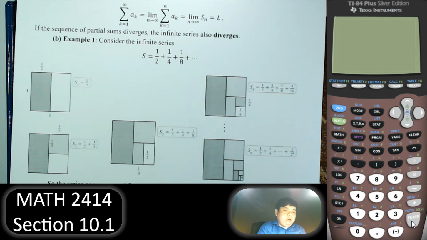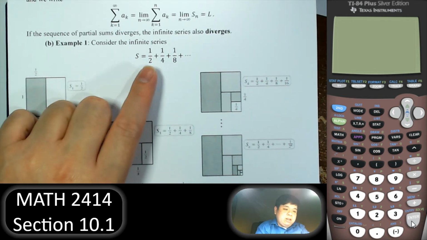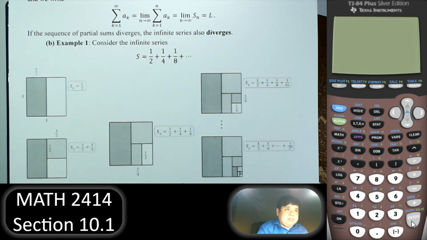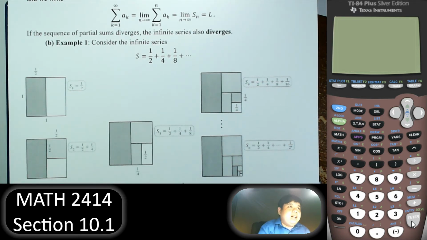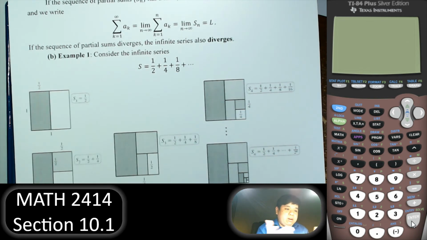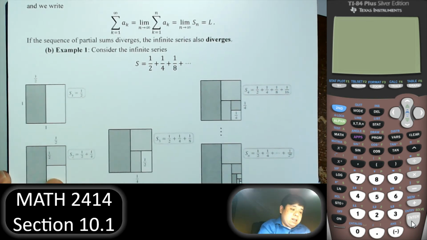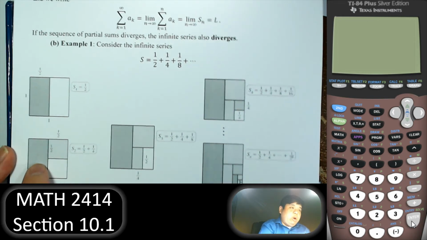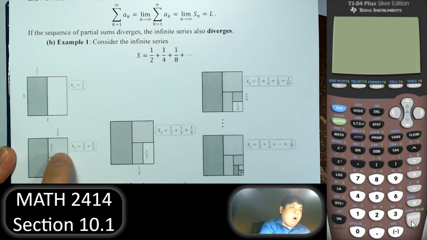Let's look at this example. Consider this infinite series: 1/2 plus 1/4 plus 1/8. We have a sketch here. Originally we have 1/2, half of a square. Next, 1/2 plus 1/4, so we have half of a square and now add a quarter to it.